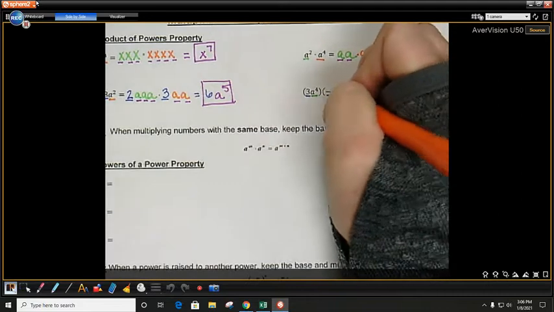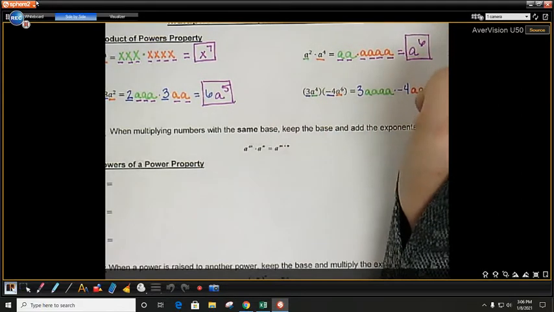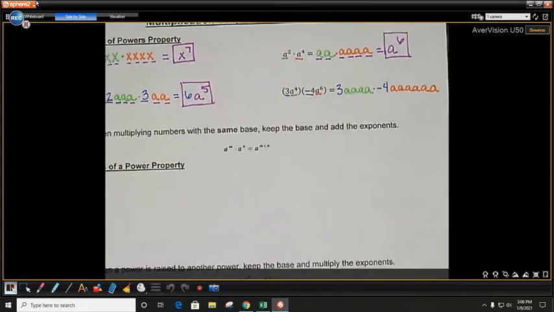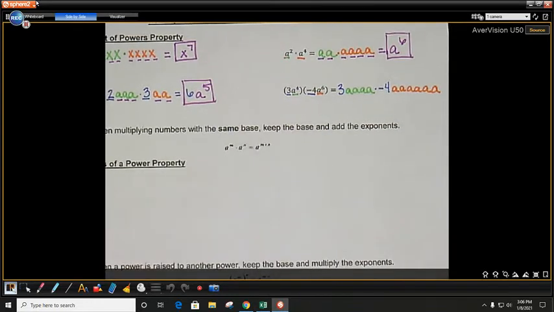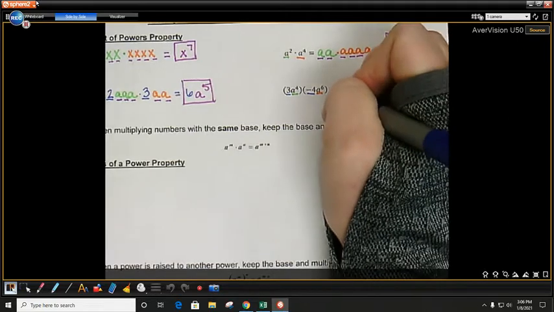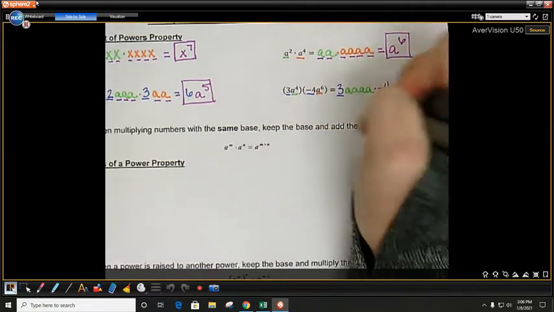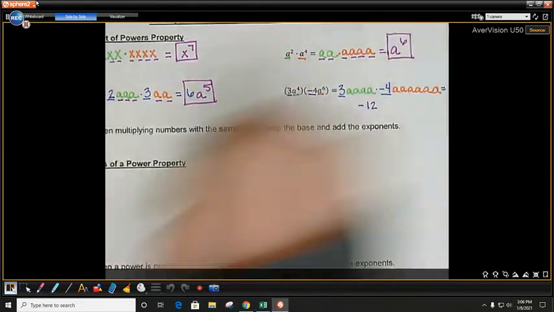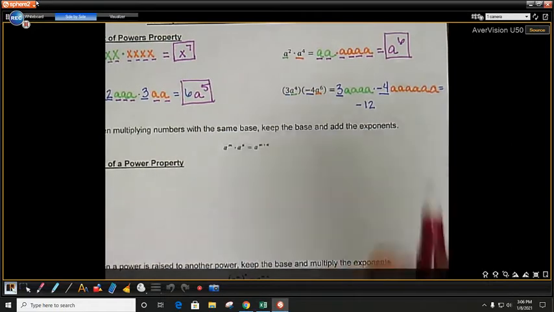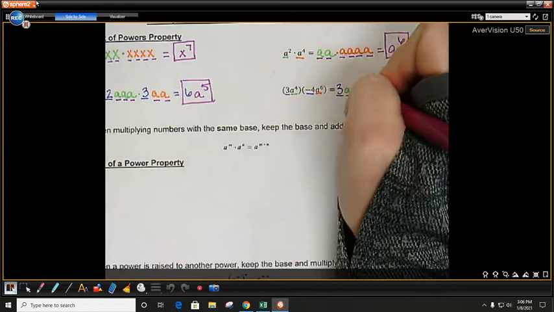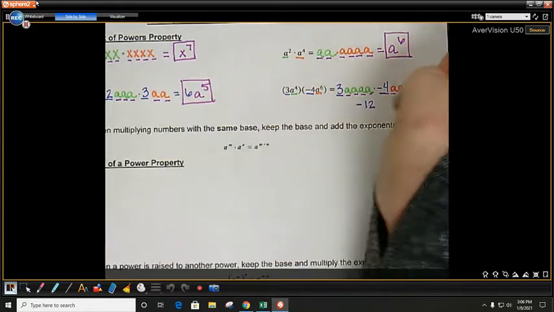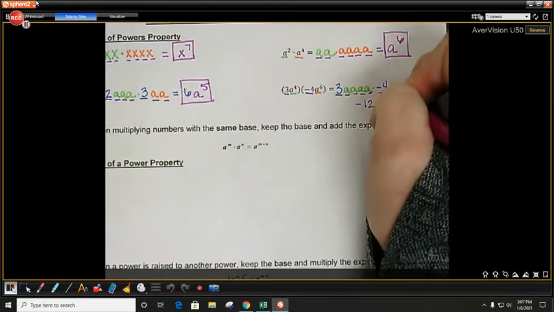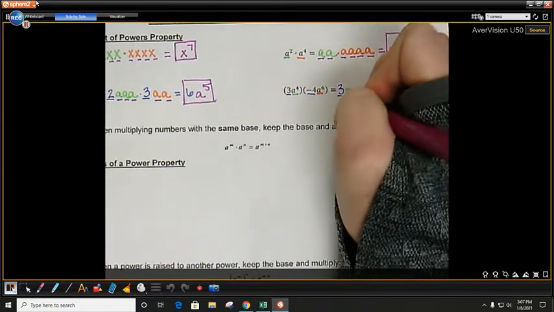And then this a has an exponent of 6, so I'm going to write a 6 times. Multiply your coefficients together. 3 times negative 4 is negative 12. And then we're going to count up how many total a's we have. 1, 2, 3, 4, 5, 6, 7, 8, 9, 10 a's. A to the 10th power.